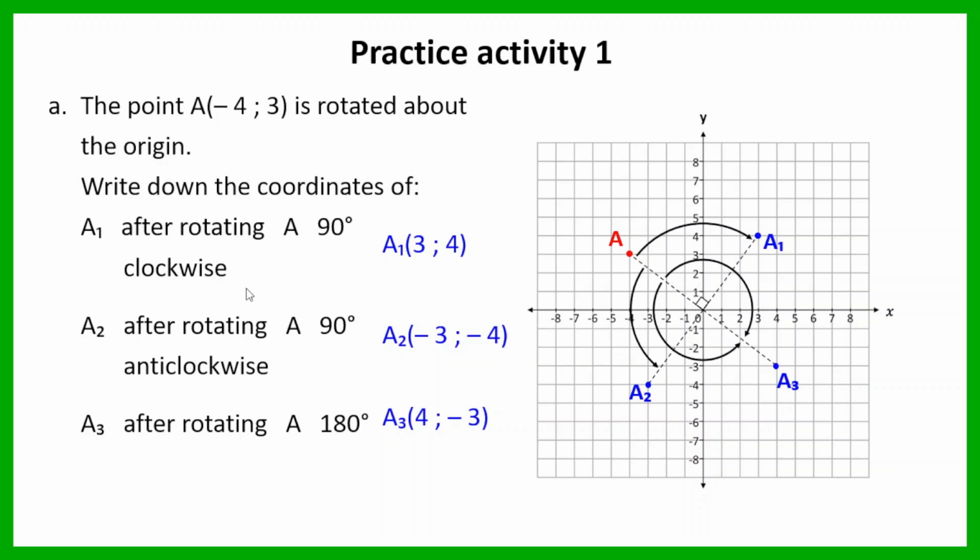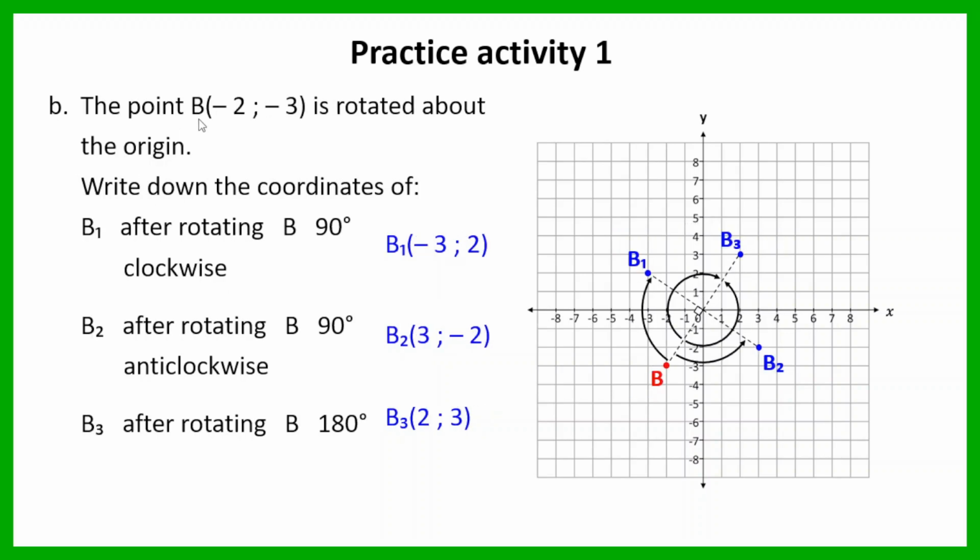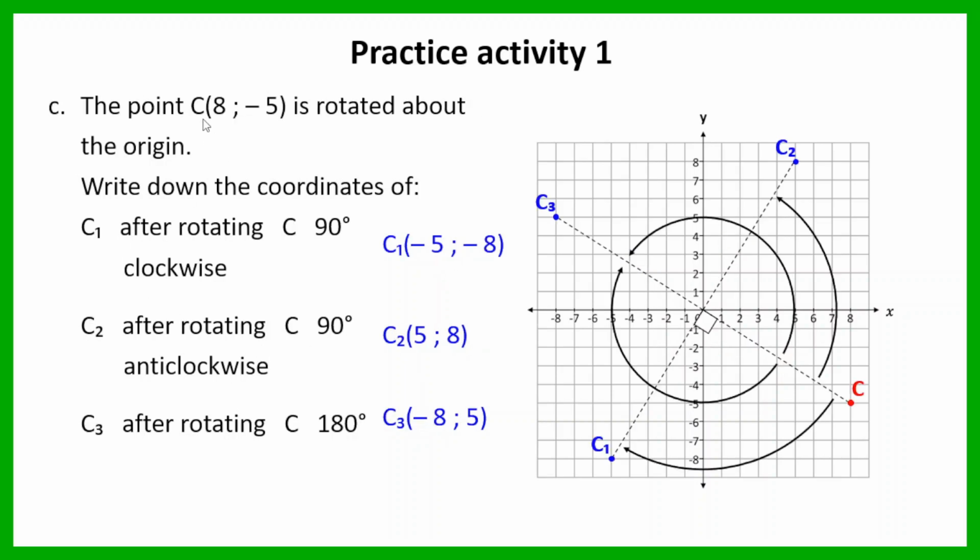Now let's have a look at the next one. When I had point B, negative 2, negative 3, and I rotated it 90 degrees clockwise, I ended up with negative 3, 2. So the negative 2 changed to positive 2, and they switched places. And then when I had the point C, 8, negative 5, the exact same thing happened.